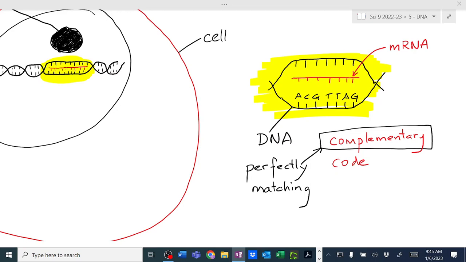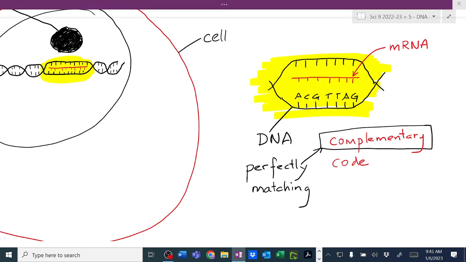Okay, so now if we have a complementary code on that mRNA, if it's complementary to the DNA, and my DNA says A, C, G, T, T, A, G, what would our RNA say?